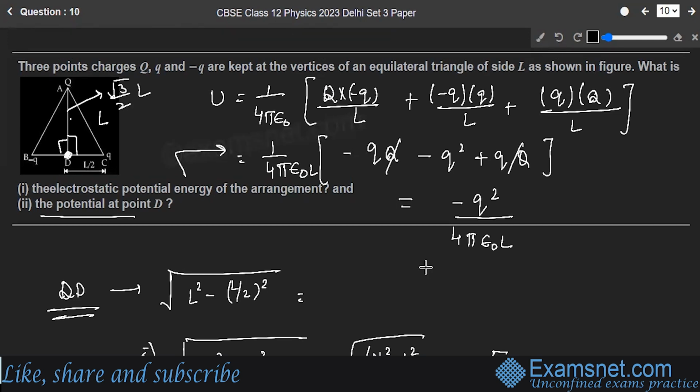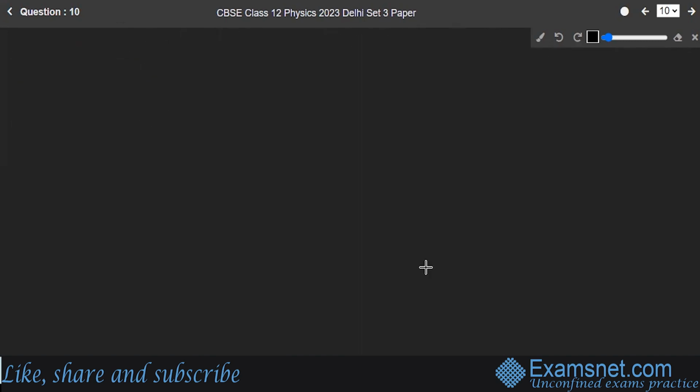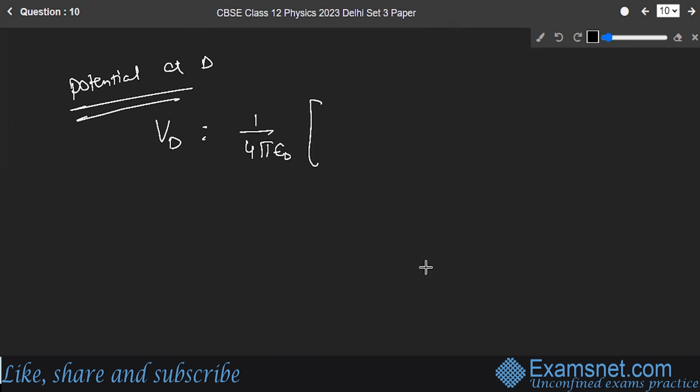Right. Now you have to find out the potential at D. Let's go for this. Potential at the point D, that is VD, is equal to again 1 upon 4 pi E naught.